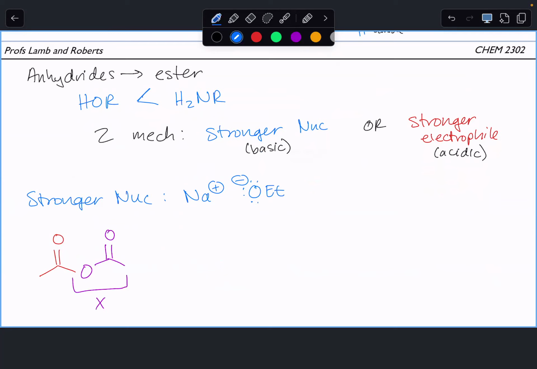There's our X group. We're going to use a stronger nucleophile, so a negatively charged oxygen. And that's going to give us our ester by replacing our X group with our nucleophile. And then our byproduct is going to be our sodium carboxylate.